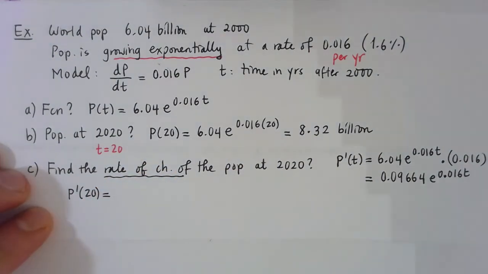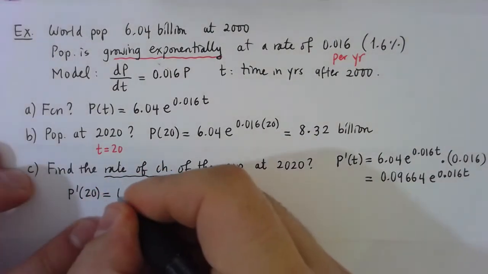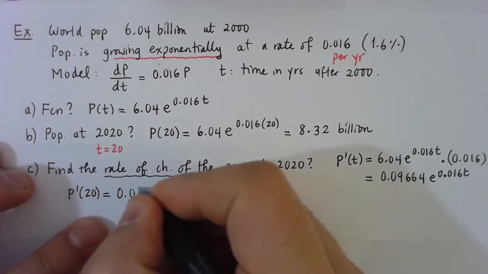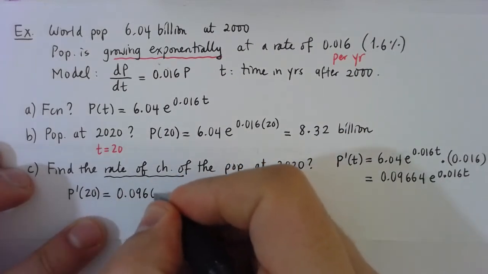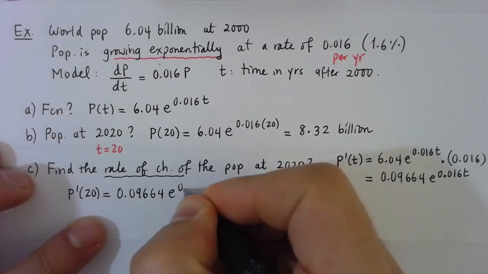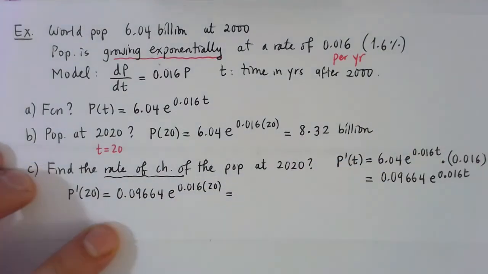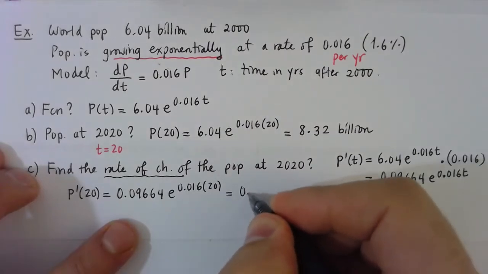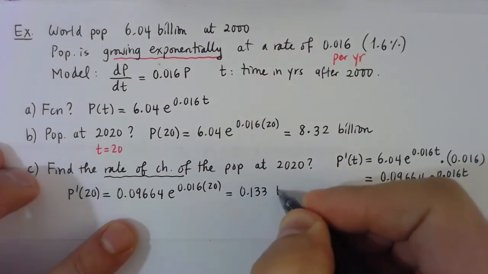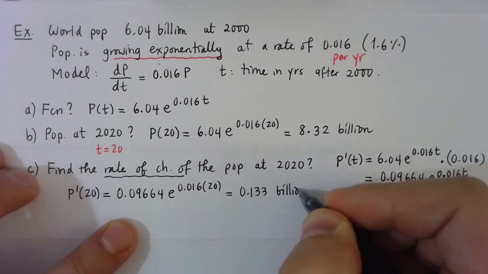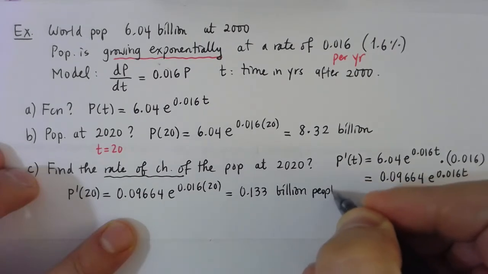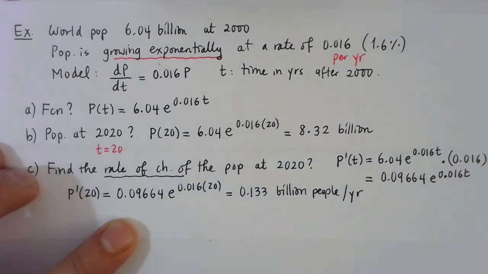We plug in 20 in the derivative function, so it's going to be 0.09664 e to the power 0.016 multiplied by 20, and that's going to give us 0.133 billion people per year.